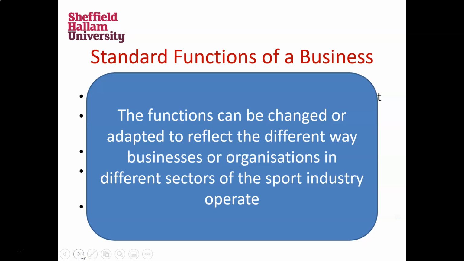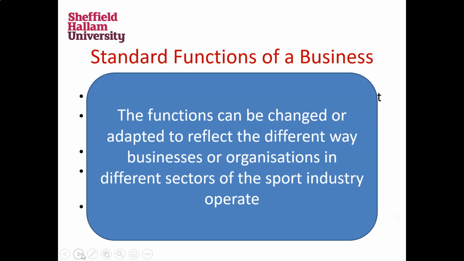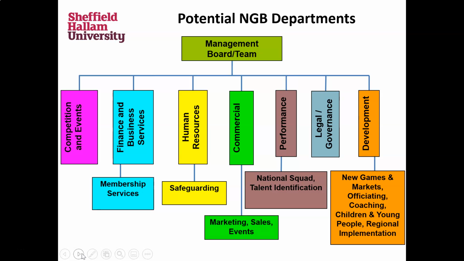One of the important things to understand is those functions can be changed or adapted to reflect the different way businesses or organisations in different sectors of the sport industry operate. Those factors I've mentioned on the left-hand side of the slide can be adapted and changed. So let's look at a national governing body as an example.